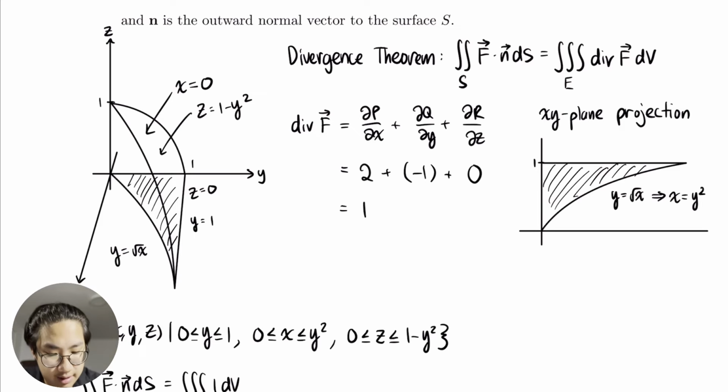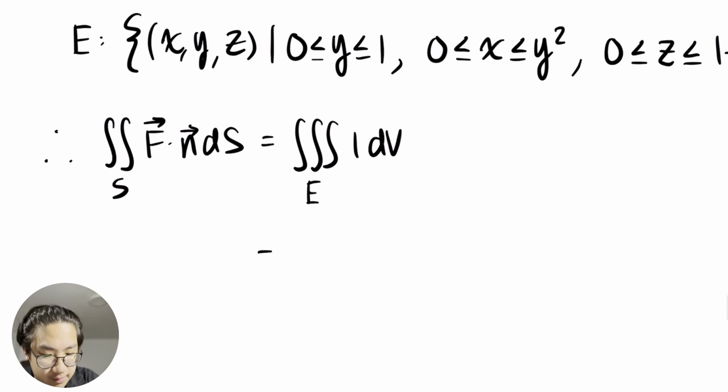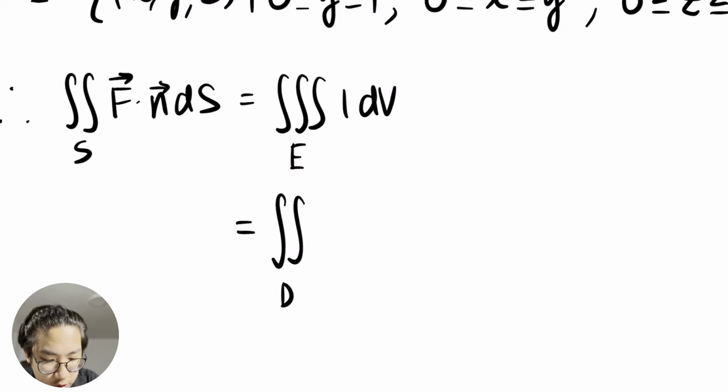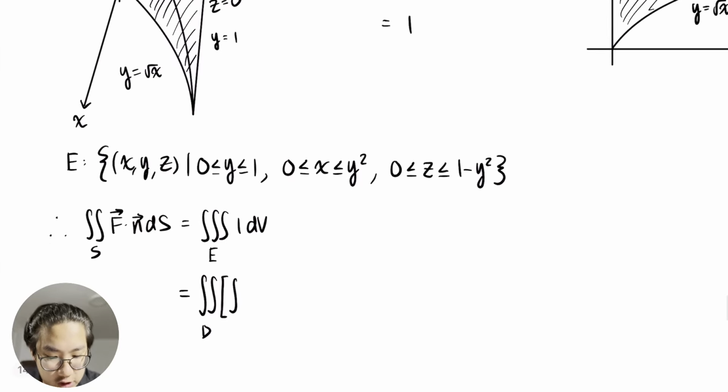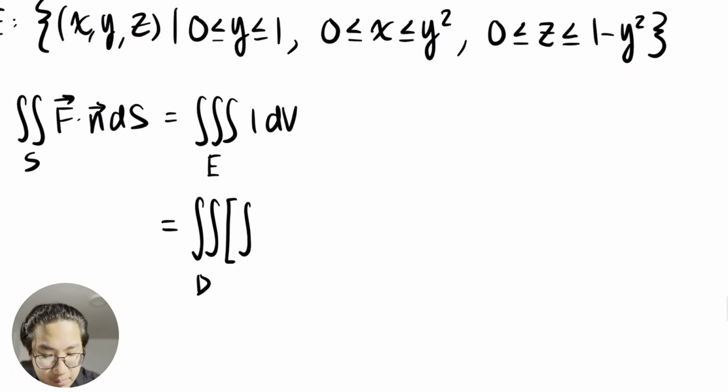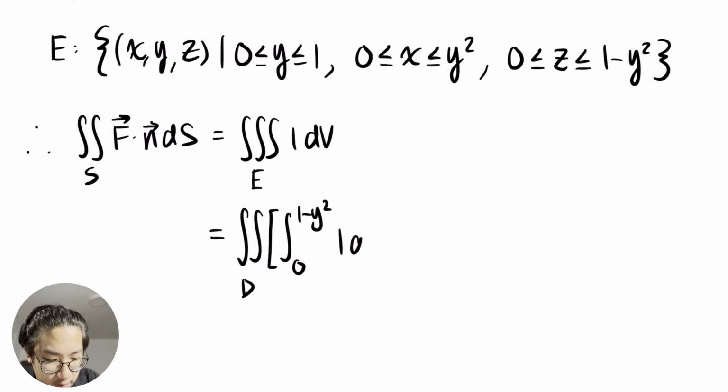Now we can set up the triple integral. The inside will be our dz part. This is region D, which is our xy plane projection. This is our z portion, and z goes between 0 and 1 minus y squared. Our function is just 1, then dz, dA.